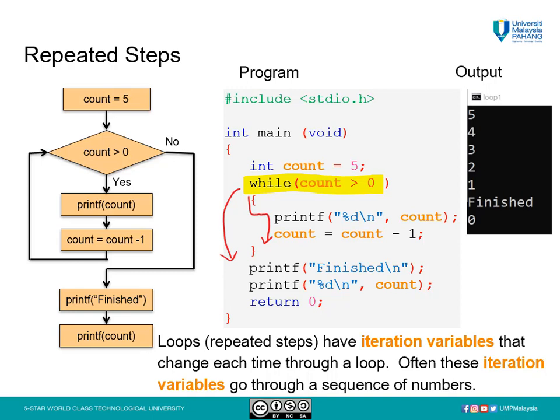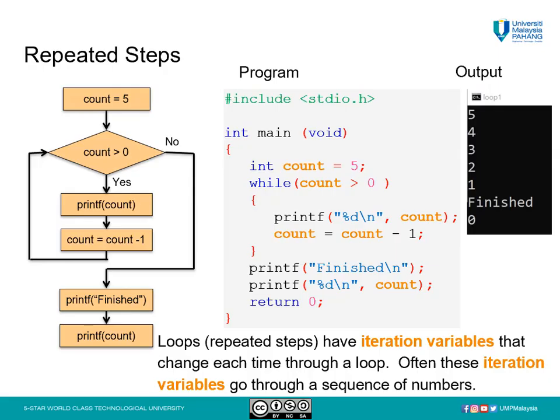Let's look at this code closely. The first check is true, 5 greater than 0, so it will print 5. After that count is subtracted by 1, which makes the count value become 4. For the while statement, it will go up again and recheck the question, and as long as count is greater than 0, it will loop and loop. It will print 4, 3, 2, 1.